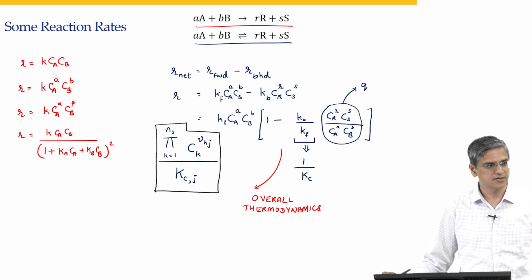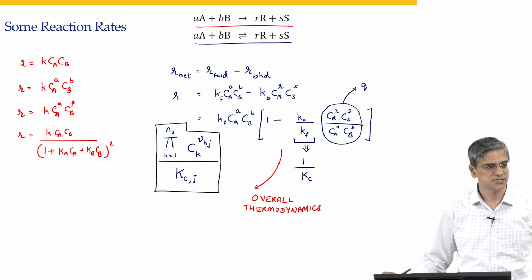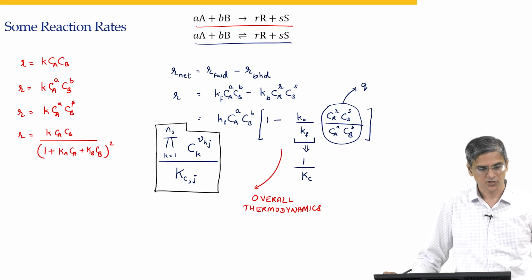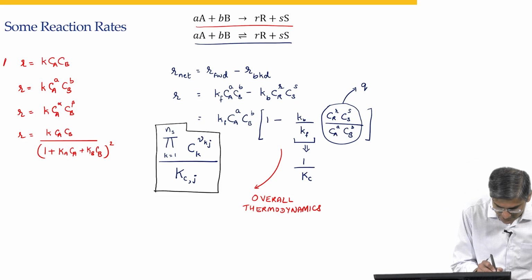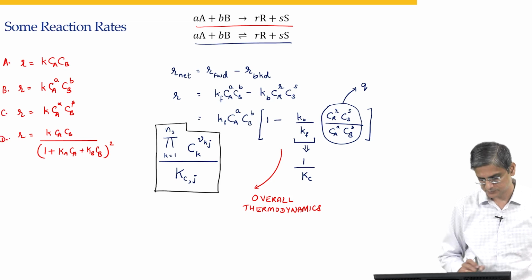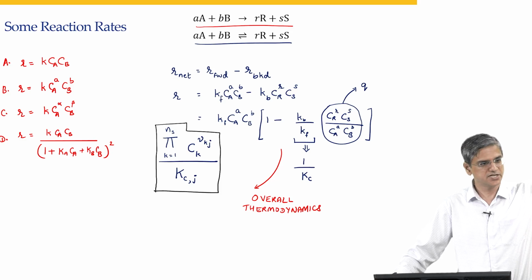If you look at the rate expressions in the red color font, which one could be an example of an elementary reaction? We will call these A, B, C, D. A, how many say A is elementary?